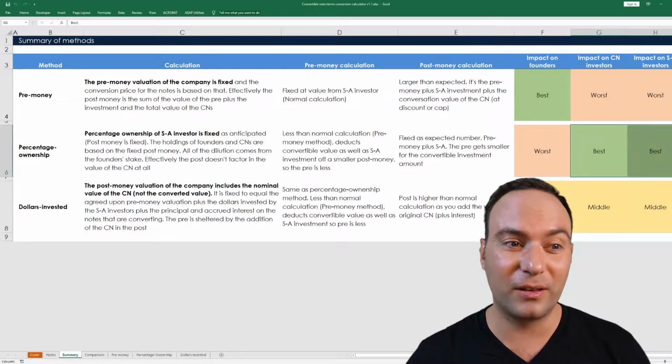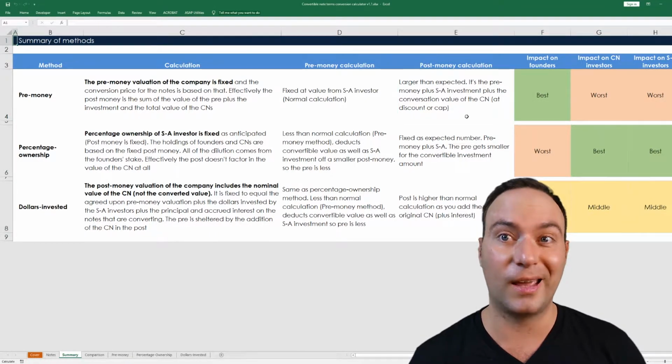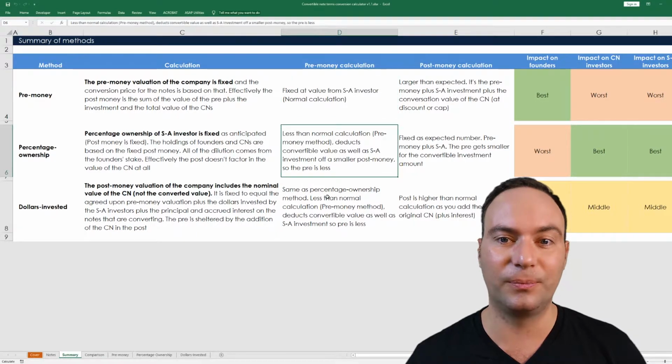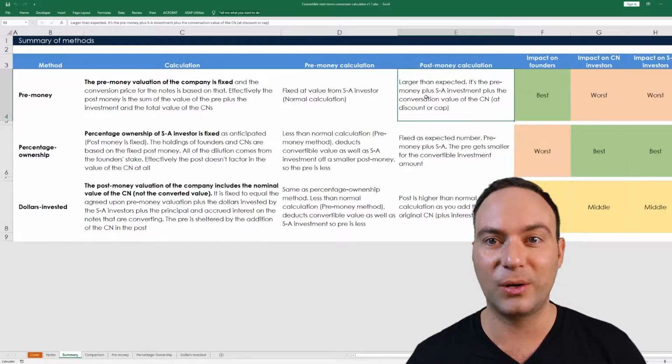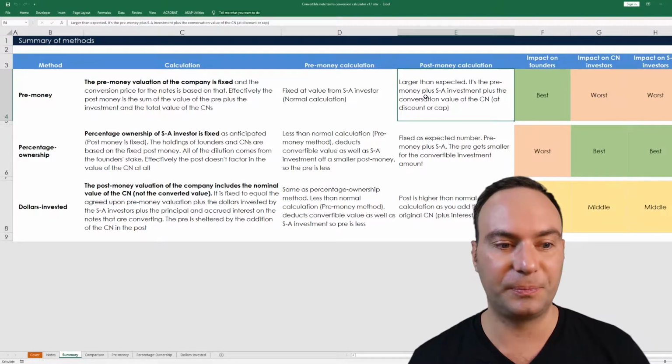The dollars invested method, which is the third one, is more of a middle of the road agreement between all of you to make everyone equally unhappy. So read this. It's going to teach you exactly what's happening. Now, you can read faster than I can talk, and I don't want to be a parrot. So just have a read of this, and you'll learn quite a lot.